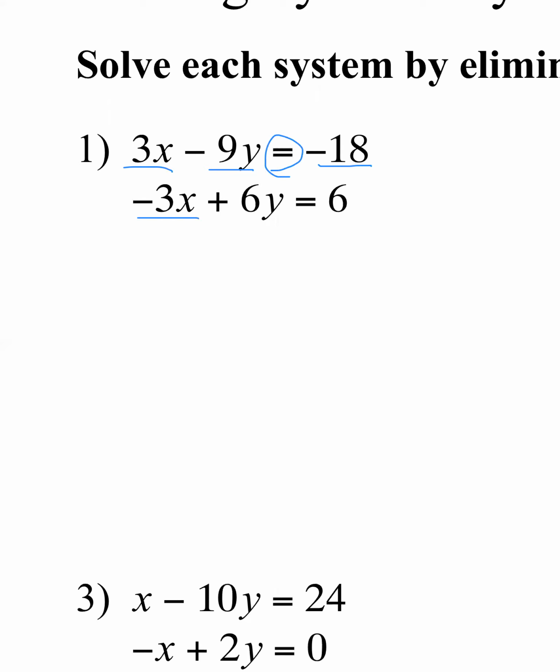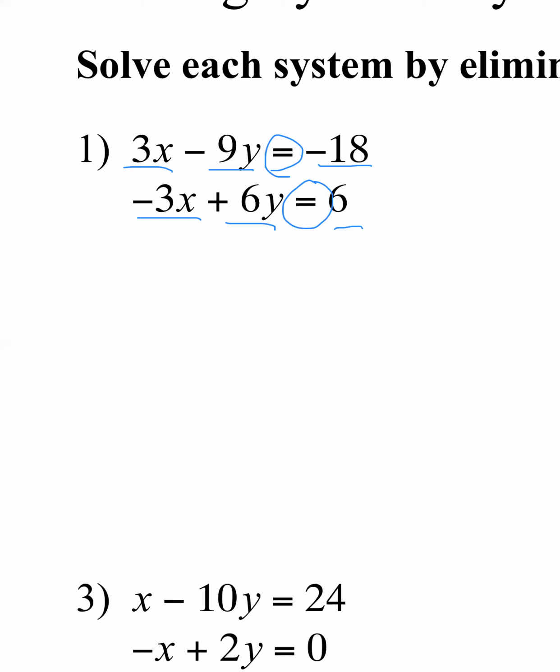X term, y term equals some number. In this case, and throughout this whole worksheet, they will all be in the same order. If they're not, though, you just need to convert them so that they match. All right, so that is an important first step. You're not going to see it on this worksheet because I left them all in the same order just to make things a little bit easier for you, but that is something that you want to keep in mind.